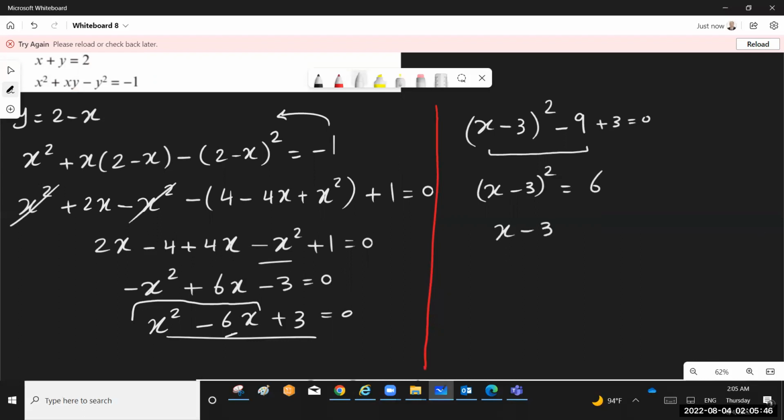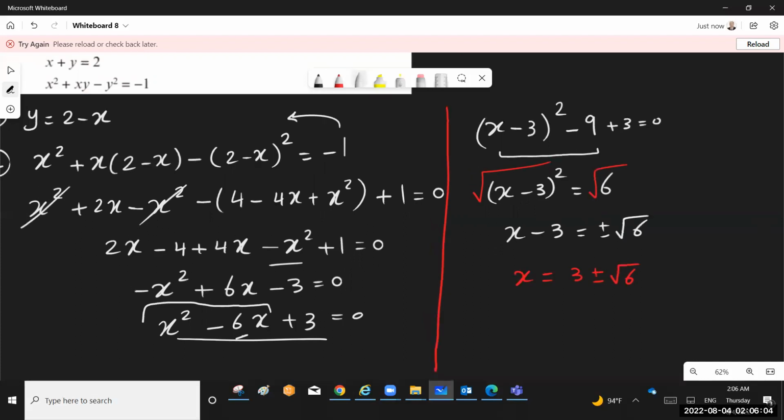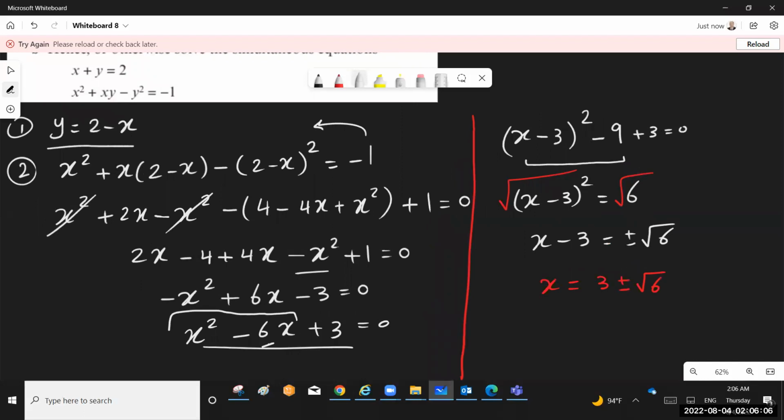So x minus 3 is really positive or negative root 6, by taking the square root of each side. So x is 3 plus or minus root 6. This is the value of x. You can substitute in the first equation. Don't forget the first equation: y is equal to 2 minus x.